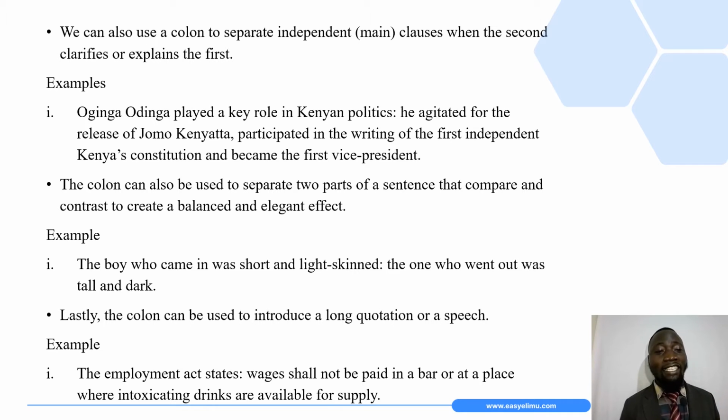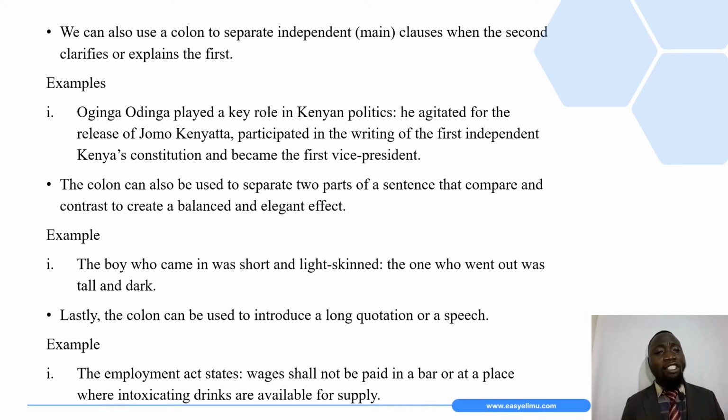Here is an example in a sentence. The sentence reads: Oginga Odinga played a key role in Kenyan politics: he agitated for the release of Jomo Kenyatta, participated in the writing of the first independent Kenya's constitution, and became the first vice president.